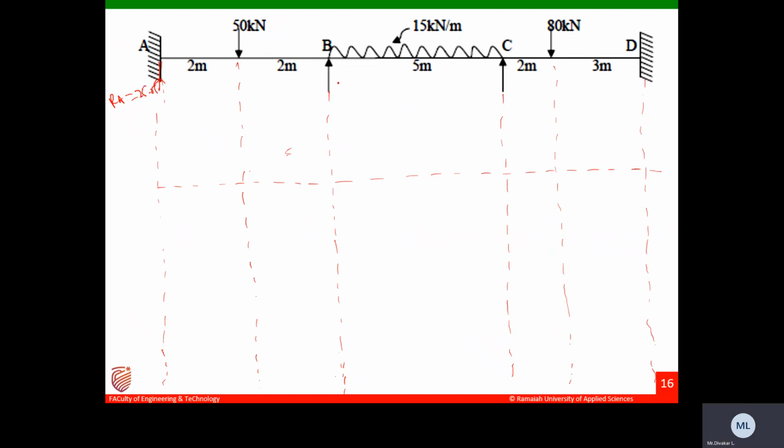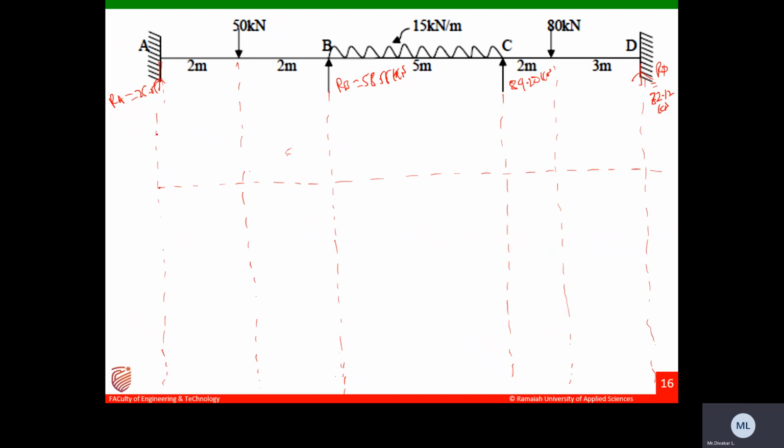And RB I calculated, RB is the sum of RB dash and RB double dash, you will get 58.55 kilonewtons. Similarly, RC you calculate, you will get 89.20 kilonewtons. And RD calculated, you will get 32.12.